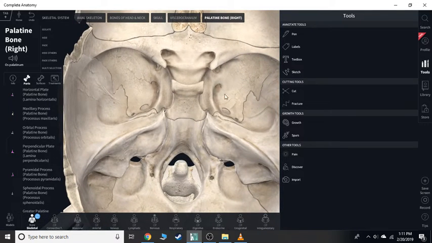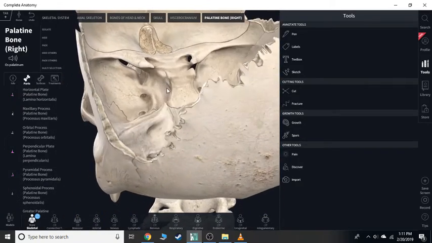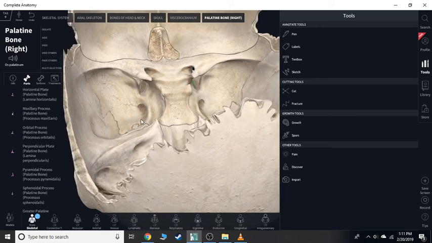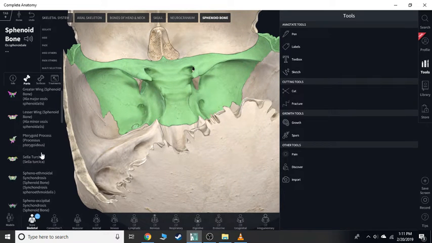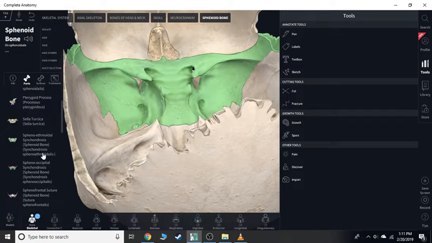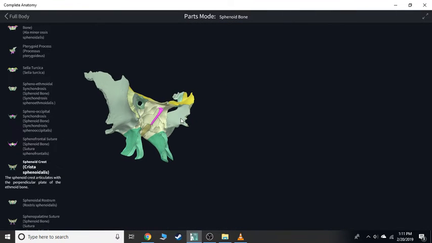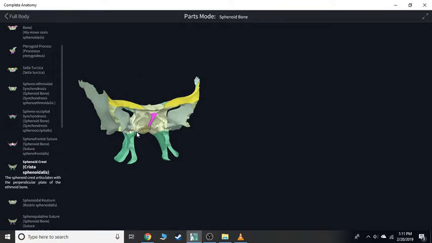Now you can see all these tons of foramen that run through here. The superior orbital fissure runs right there. The sphenoid crest is right there, kind of makes up the back part of the nose.